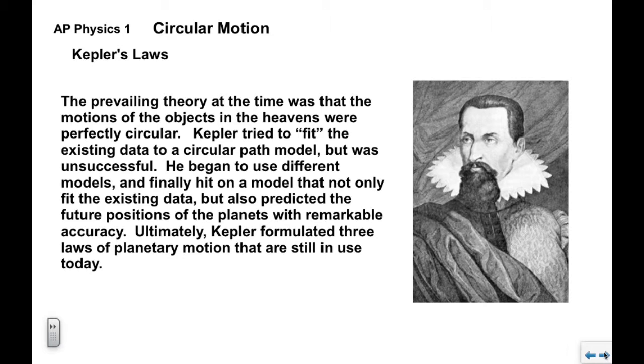So he started to use different models and finally hit on one that not only fit the existing data for the past, but also predicted the future positions of the planets with very remarkable accuracy and precision. Ultimately, Kepler formulated 3 laws of planetary motion that are still being used today.